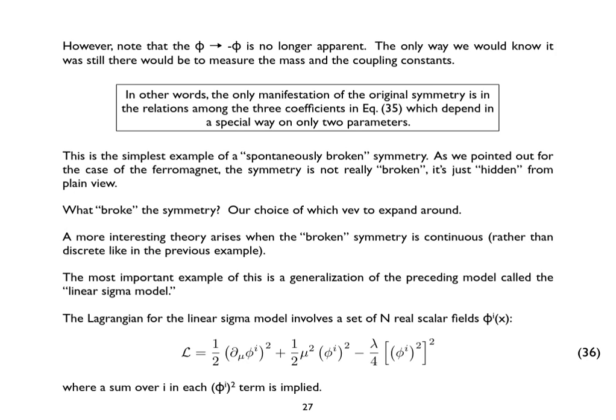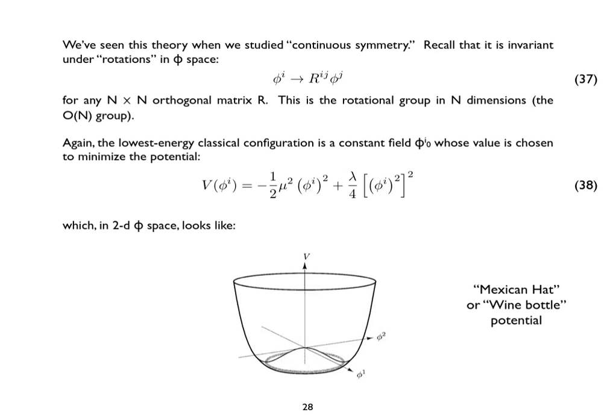And we've already noted that this thing has a symmetry, and it's a rotational symmetry, right? We can always rotate the vector, change the indices, and nothing changes. It's an n by n orthogonal matrix, the same thing as rotations in 3 dimensions, but now we're in n dimensions. Okay.